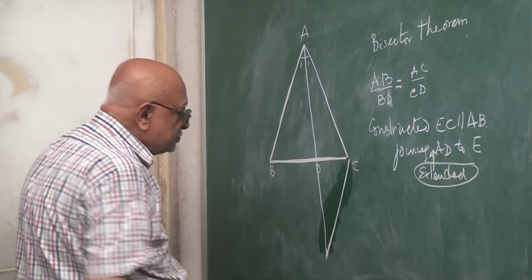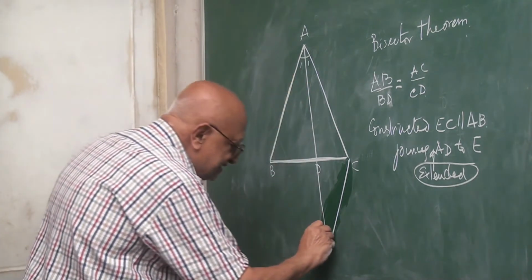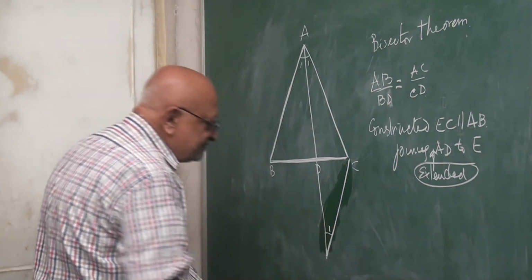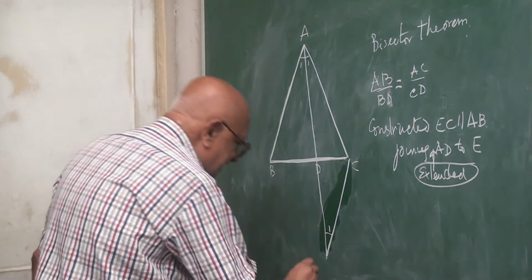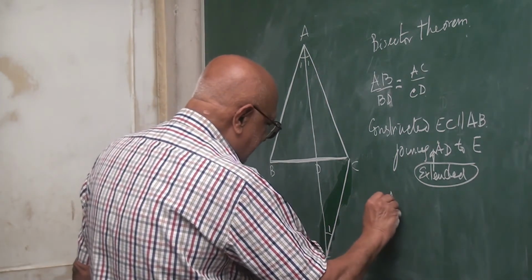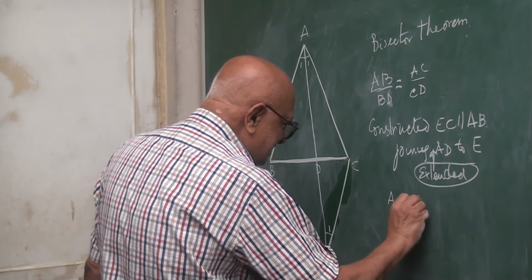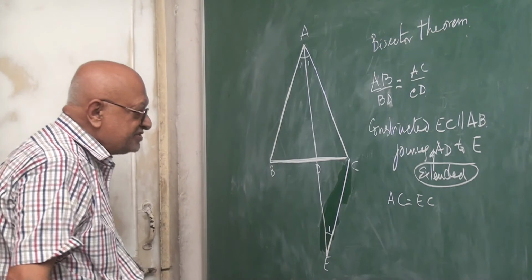If that is true, then I can say this angle 1 is equal to this angle 1. E I have again missed. So then AC equals EC. So this now comes out to be an isosceles triangle.